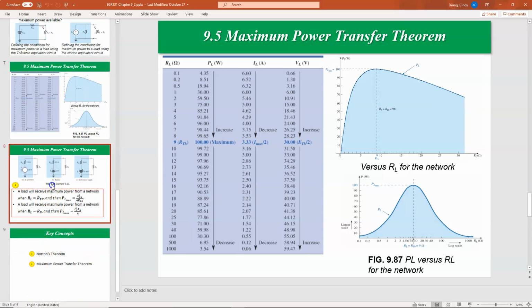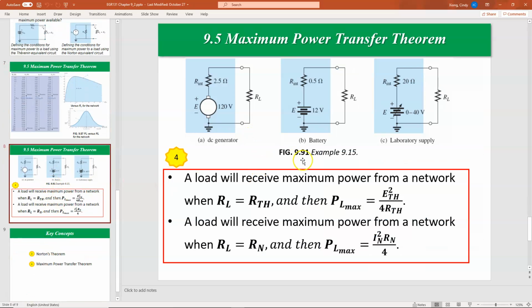Okay, so let us look at example 9.15. What we need to know is that we have three different types of circuits. We have a 120 volt source with RINT, which is the internal resistance of this power source, and we have a battery.